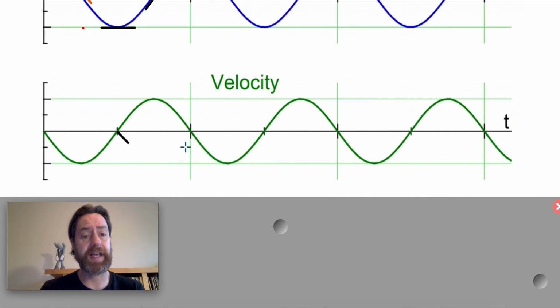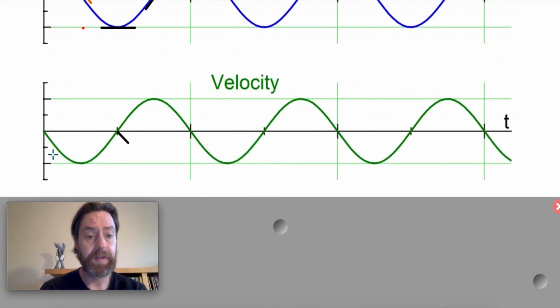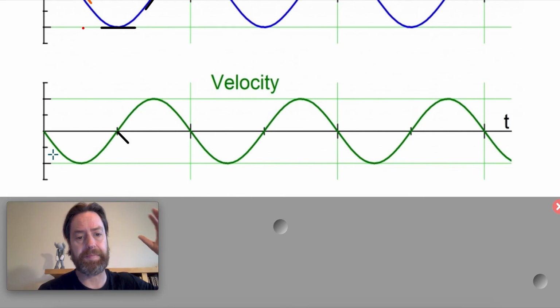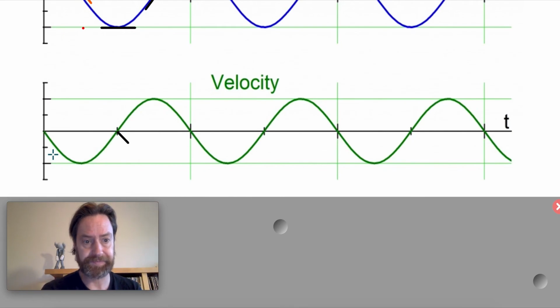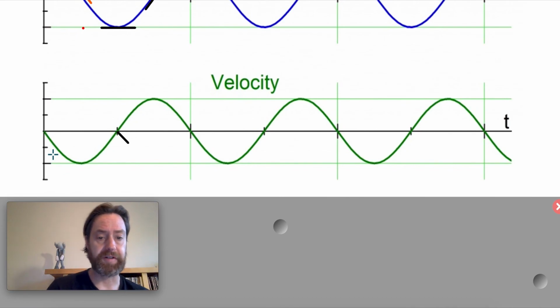And then you could follow exactly the same process to establish what the acceleration time graph is. Remember the acceleration, again, the gradient at each point on this line tells you the acceleration, or you can pick key points and go back to the stuff we did last time and use that to figure out what the graph should look like. I'll leave that with you for a minute and you can try it out.